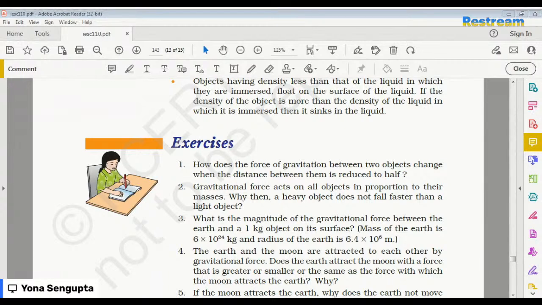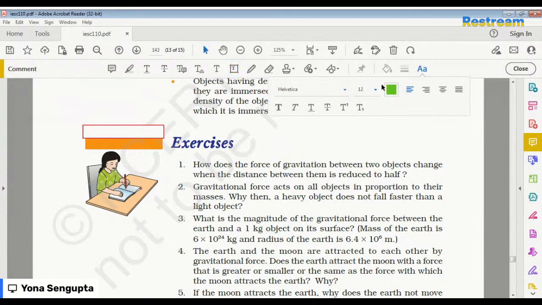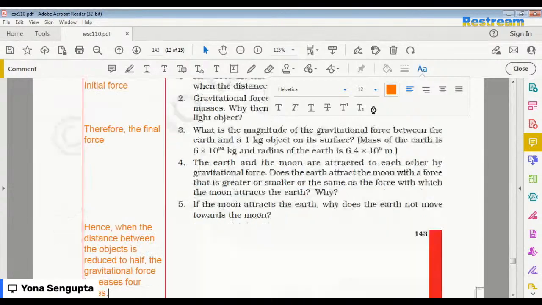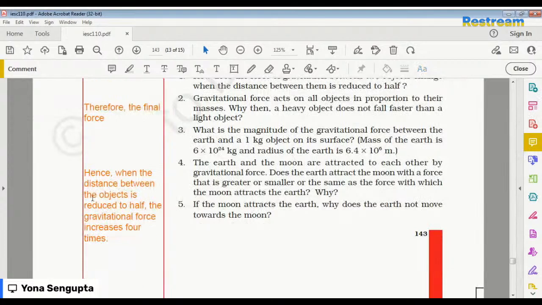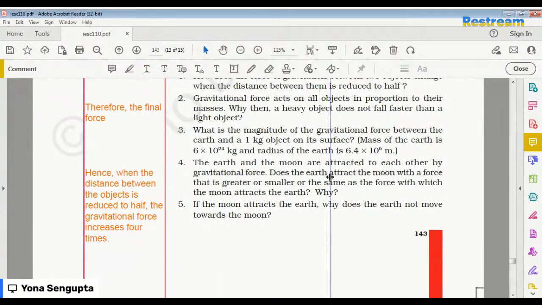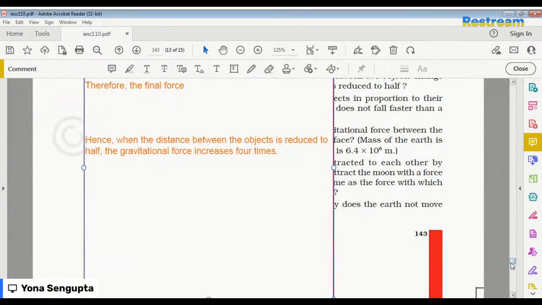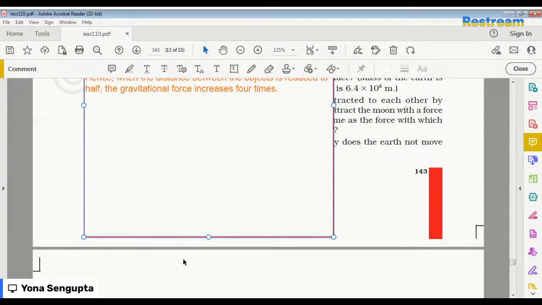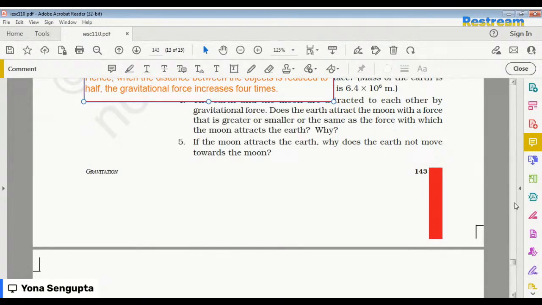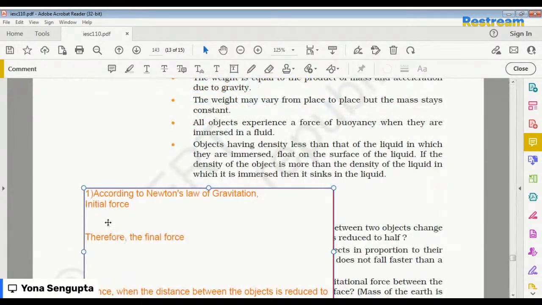I'll write it down here for you. According to Newton's gravitational law, we have the formula F equals G into M1 into M2.